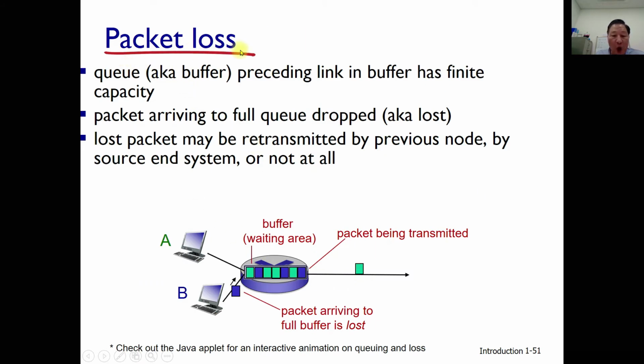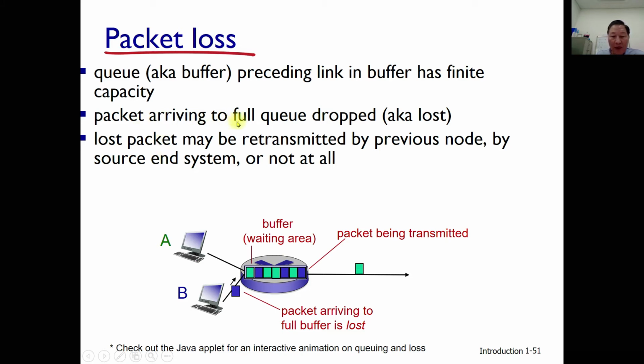Let's look at packet loss. As we learned already, and also observed in the animation, the queue, also known as the buffer, preceding a link has finite capacity, not infinite. That means it has limited capacity in terms of memory size.